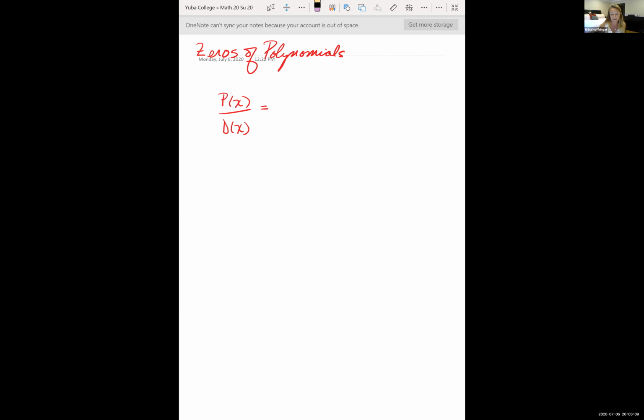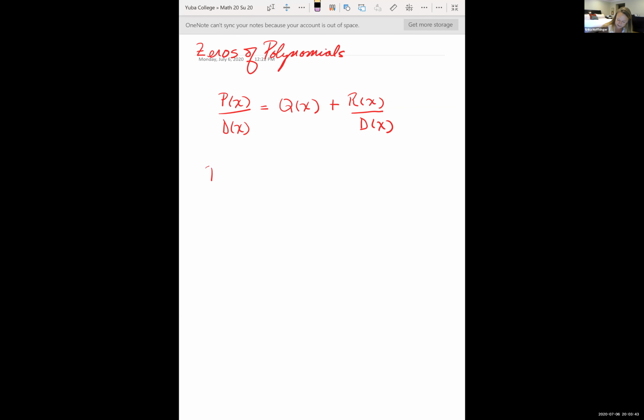If you divide it, then you get some quotient, Q of X, plus your remainder. If that remainder is 0, then we know that the polynomial goes in there evenly. And this is all over D of X, if it's written in this way. Okay, so just terminology: Q of X is the quotient.